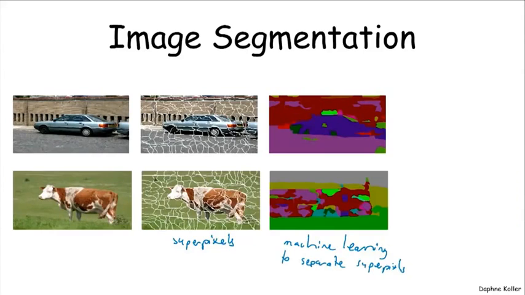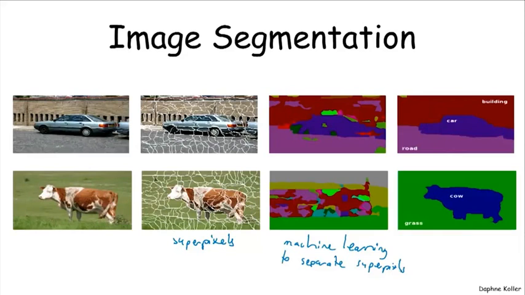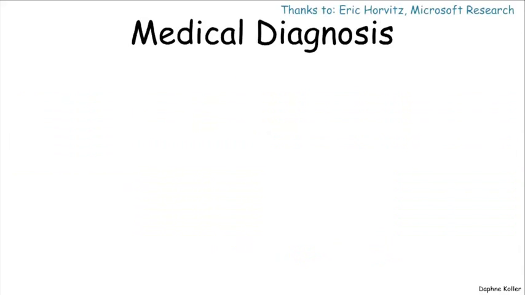And you can see that you get, especially in the case of the cow, a total mess with different superpixels having drastically different labels. You can't even see the cow in this segmented image. Whereas if you construct a probabilistic graphical model that captures the global structure of the scene and the correlations, the probabilistic relationships between these superpixels, you end up with a much more coherent segmentation that captures the structure of the scene beautifully.